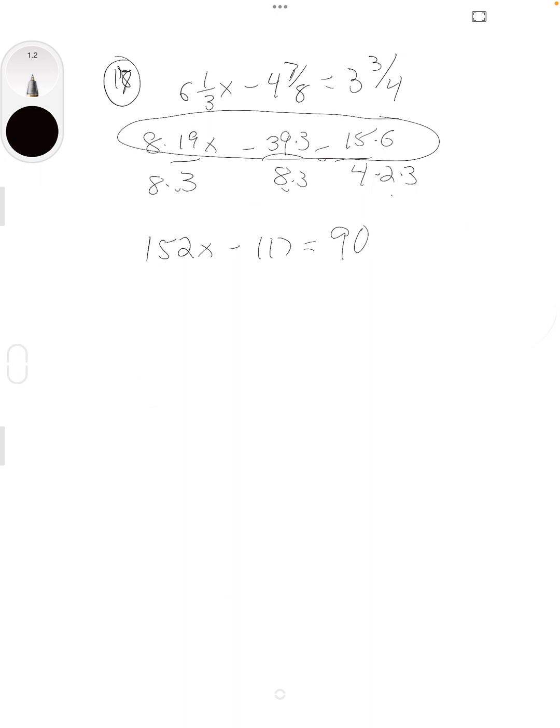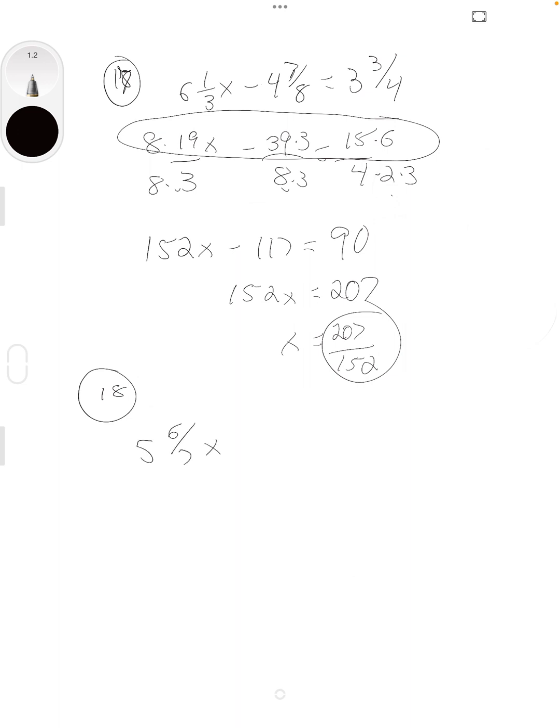So add 117 to both sides, and I have 152x equals 90 plus 117 is going to be 207. Divide both sides by 152, and I have 207 over 152. That's x. And number 18 is going to be 5 6/7 x minus 5/21 equals 11 3/4.